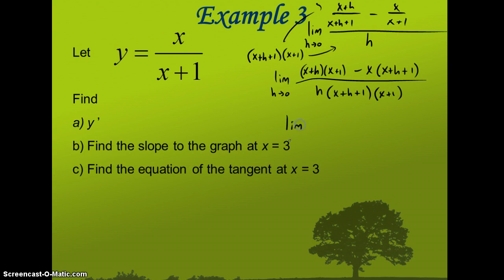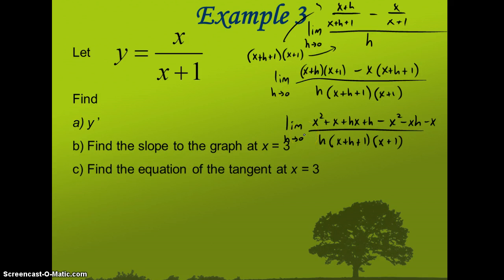What I do want to do is try and simplify that top, specifically to try and make the h's go away. So I get an x squared plus hx plus h minus x squared. Remember, this minus goes to everybody. Minus xh minus x. All over that same bottom. It's going to get annoying writing that bottom each time, but I ask you to do it. It's also going to get annoying to write this limit as h approaches 0 in front of each line of math.